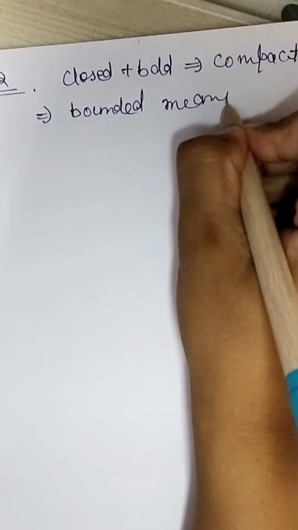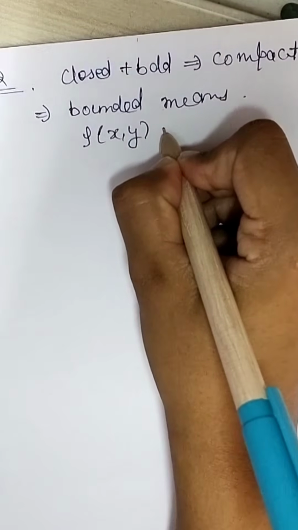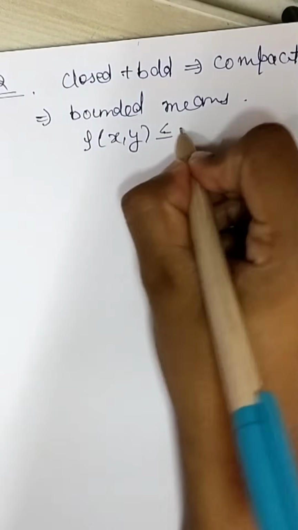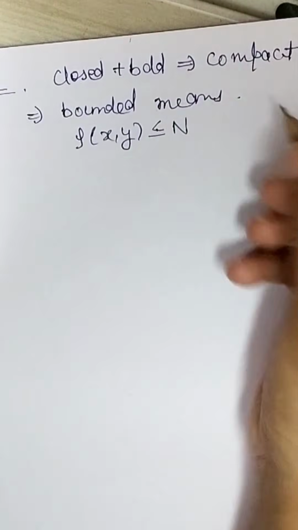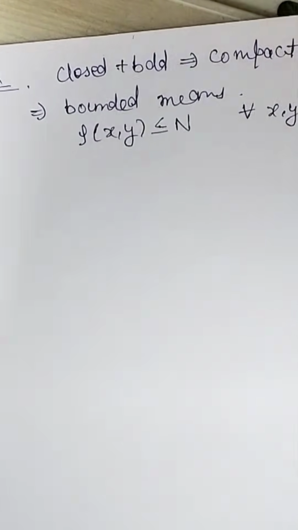Bounded means the distance between x and y in square matrix is less than n for some n, for all x, y belongs to A.